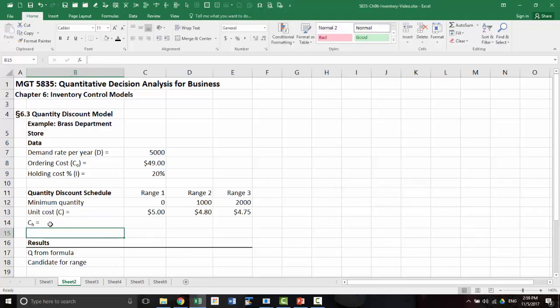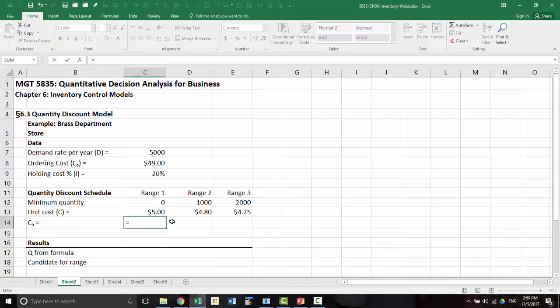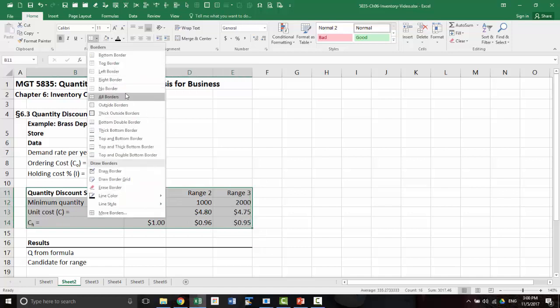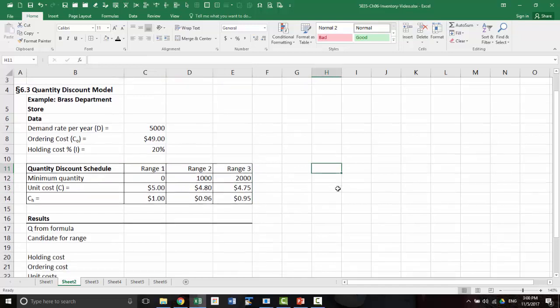First let's figure out what the holding cost will be. The holding cost will be unit cost times the percentage. Make that an absolute reference, so we can then copy that across. Now we have the holding cost. Let's put some borders like that.